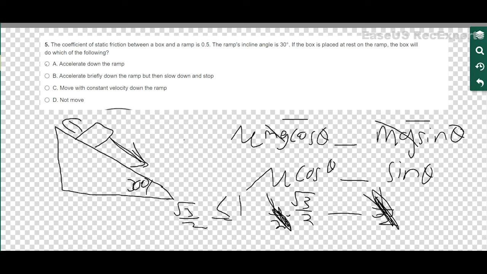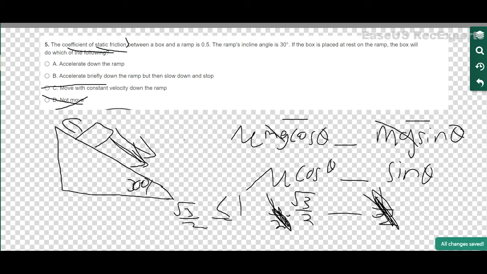But now we know that it is moving down the ramp, so we can cancel out D. And all the time, your coefficient of static friction is going to be greater than that of kinetic friction. And because your force of gravity is greater than static friction, it's always going to be greater than your kinetic friction force. And then that would mean that you have a non-zero net force working down the ramp.